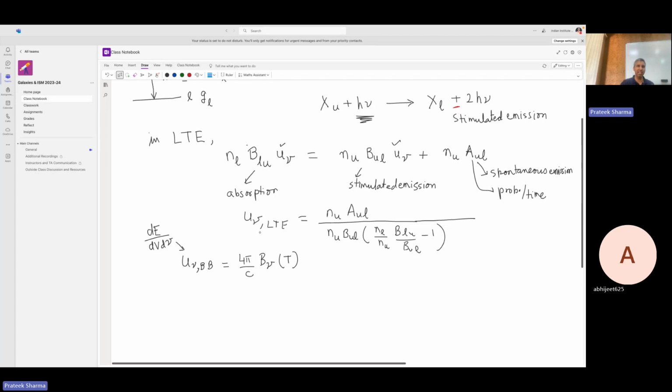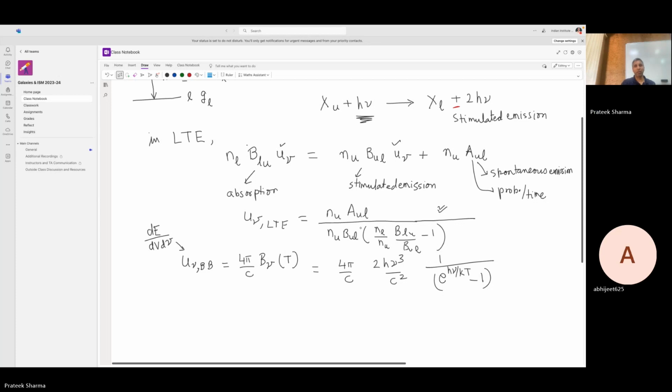So what I'm saying is this quantity here has to be equal to this. And we know what B_nu is. B_nu is the Planck spectrum. So this is equal to 4 pi by c times 2 h nu cubed by c squared, 1 over e to the h nu by kT minus 1.